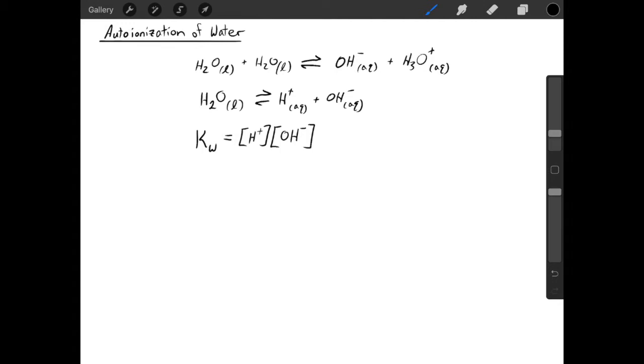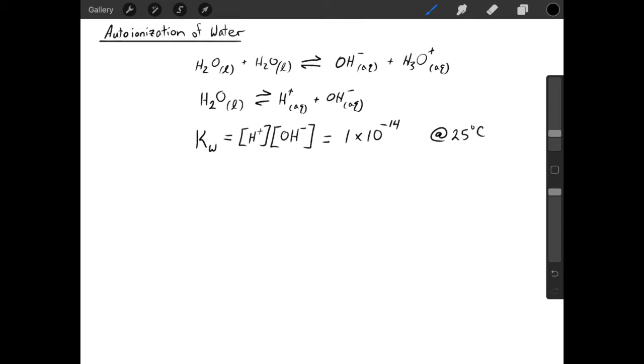And because the coefficients on each of these ions are 1, the exponents are also 1. This equilibrium value, this K, is known as the ion product constant for water, and it's given the symbol Kw. And at 25 degrees Celsius, Kw for this reaction is 1 times 10 to the minus 14.